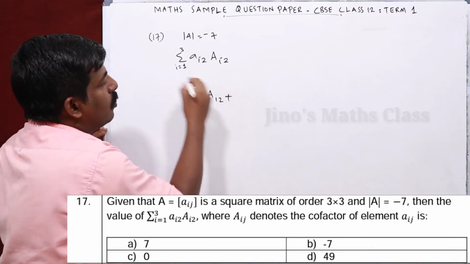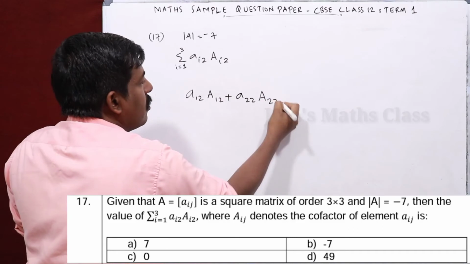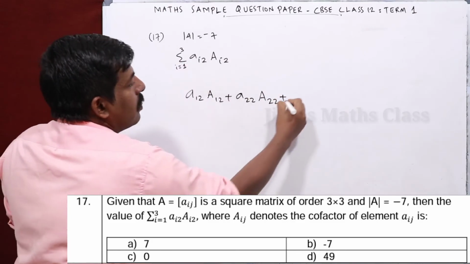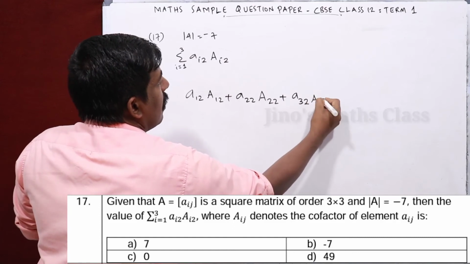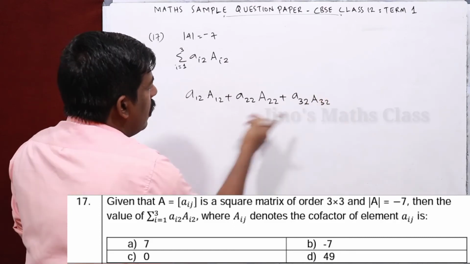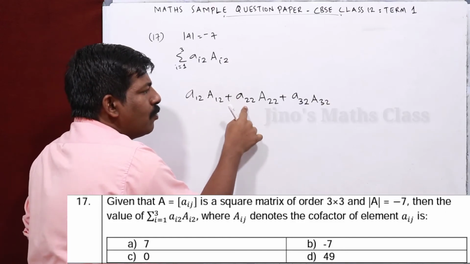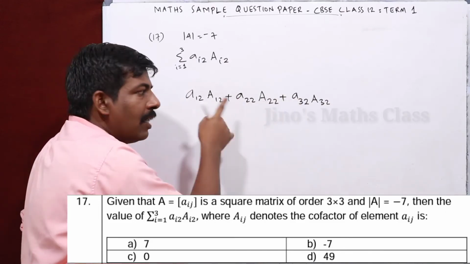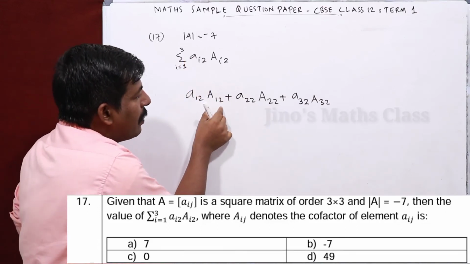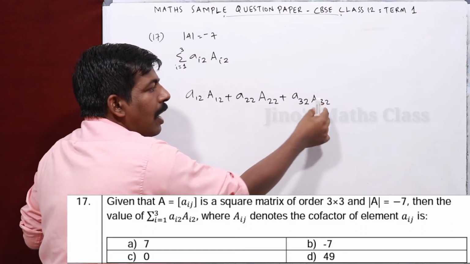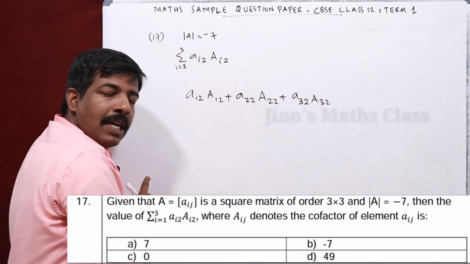Then i is equal to 2, that means it is a22 into capital A22, plus i is equal to 3 means it is a32, then capital A32. Now you can see these elements a12, a22, a32 are the elements of the second column. And here capital A12, capital A22 and capital A32 are the cofactors of the second column.